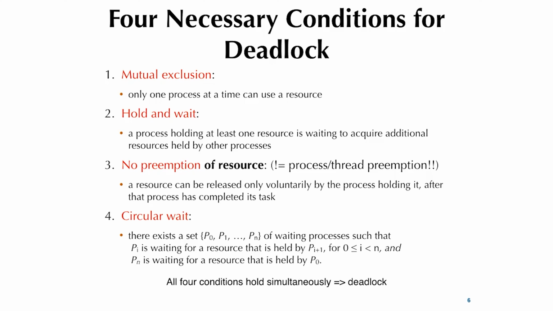Number 3 is no preemption, but it's not what you think. It's not the process scheduling preemption. It's resource preemption. What does that mean? With a process, you're running, and then whether you make a system call or a timer comes and you do a context switch, the OS saves the state somewhere, lets another process run, comes back to you, and then restores your state.